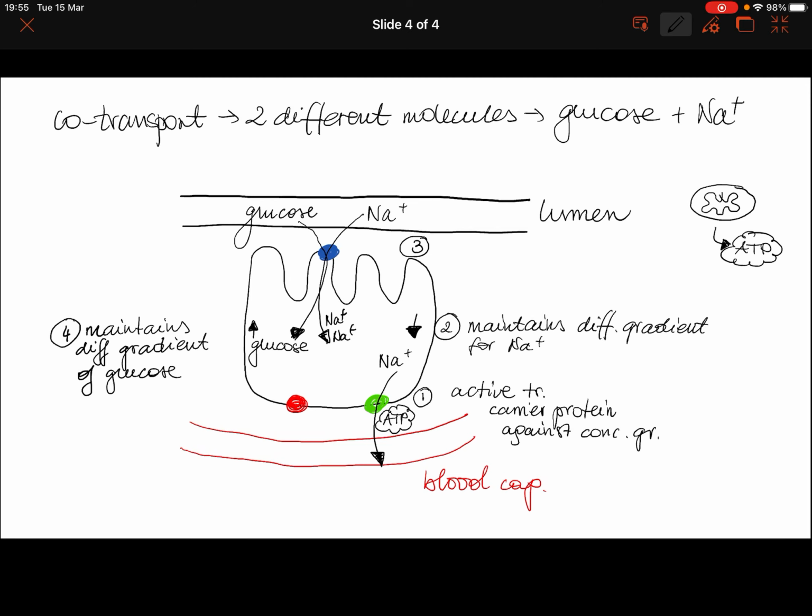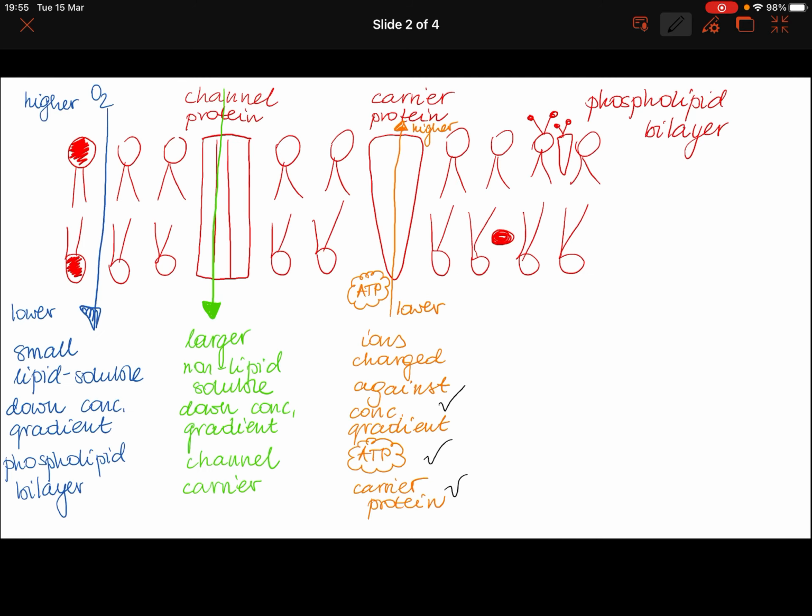And glucose is classified as the larger molecule. So coming back to our transports, we now need to think how the glucose is going to be transported. It's not going to be transported through the active transport, because it's going to go from higher to lower concentration gradient, so down the concentration gradient. So it's going to be a passive process.